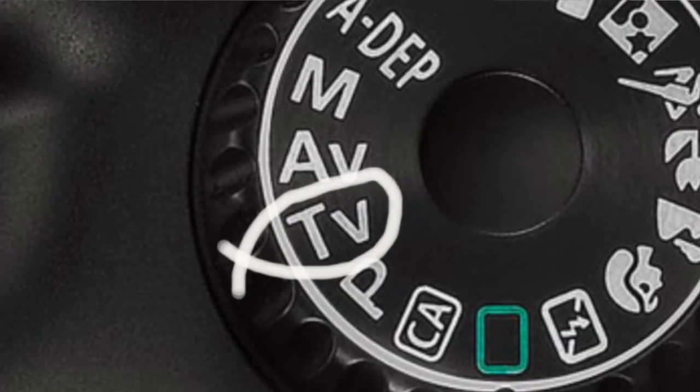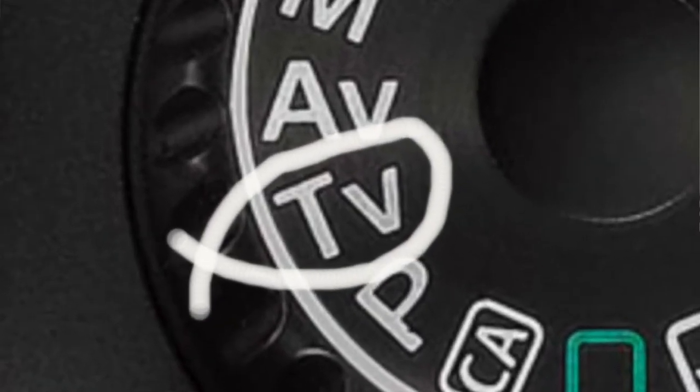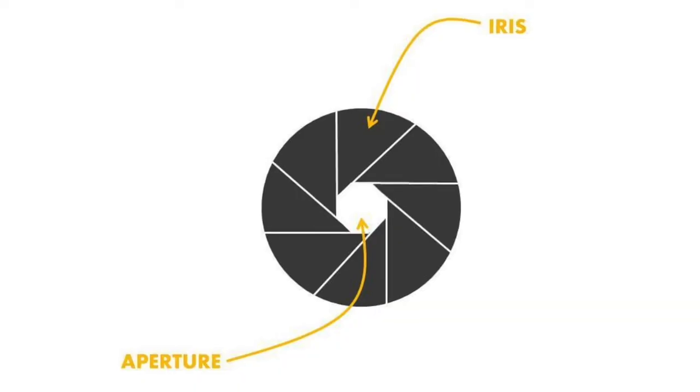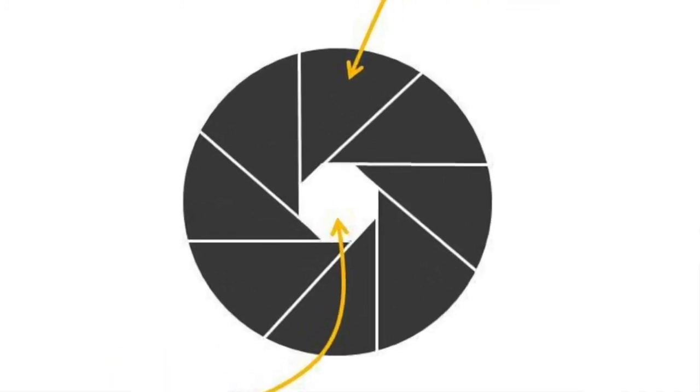Now when we go to the mode of TV, or S on some cameras, you're actually controlling the shutter speed, and the camera is going to control the aperture. So I've now set the camera, because I'm in TV or S, at 1,000th of a second, and I'm at 400 ISO.